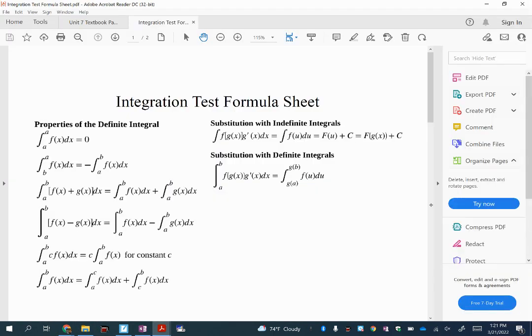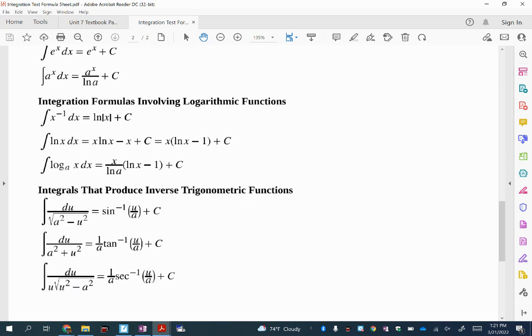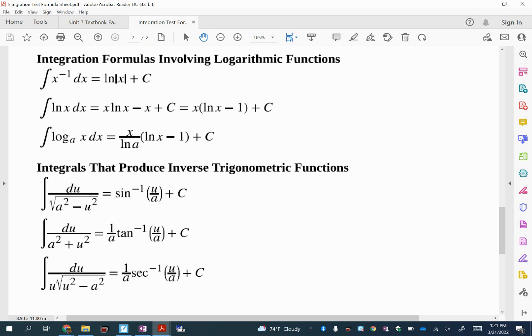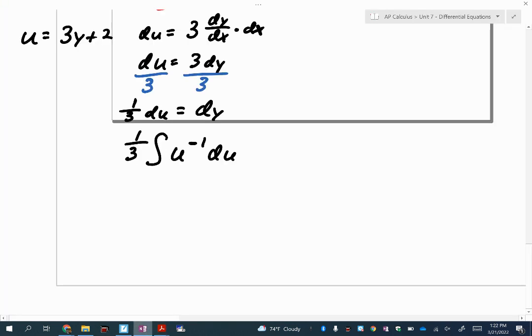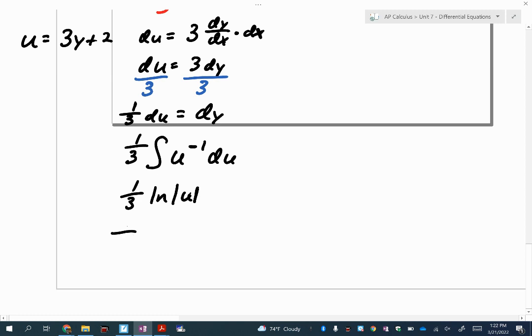So this one here is right here: the integral of x to the negative first power is the natural log of the absolute value of x. So this is going to be 1/3 times the natural log of the absolute value of u. But I don't want to write u. I'm going to replace that with what I had already substituted for u, which is 3y plus 2.